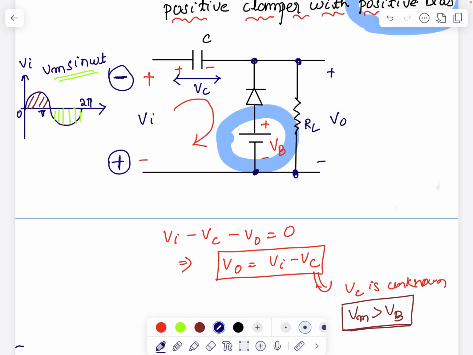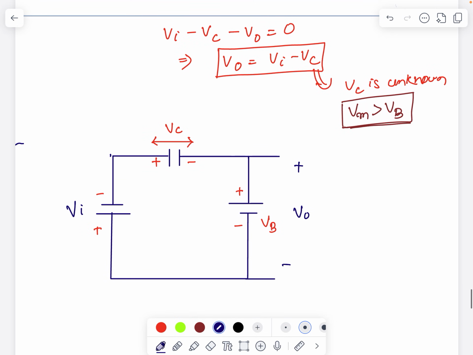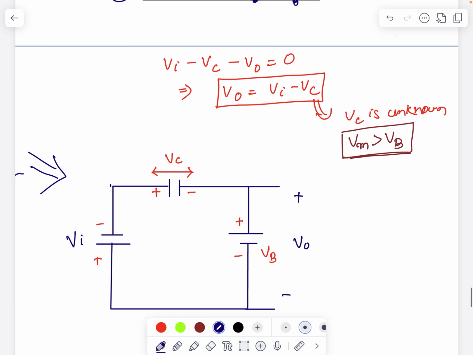So I can draw the same diagram here. You can see this is the diagram, redrawn. From this diagram, we can find out the capacitor voltage. We can see here the Vi is connected in reverse. Vb is the reference voltage or bias voltage, connected like this, negative and positive. The diode is forward biased, or short circuit, and the capacitor voltage is left hand side positive, right hand side negative.